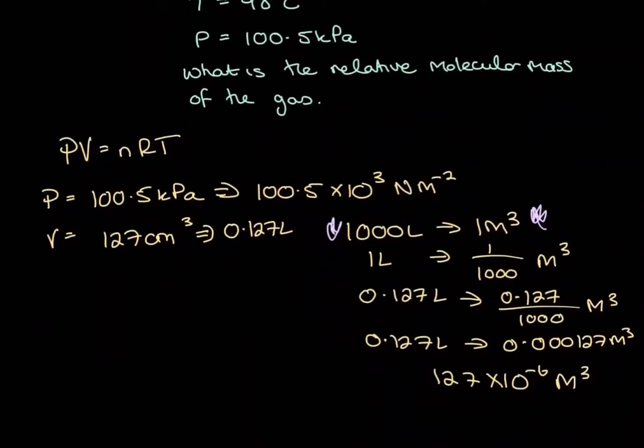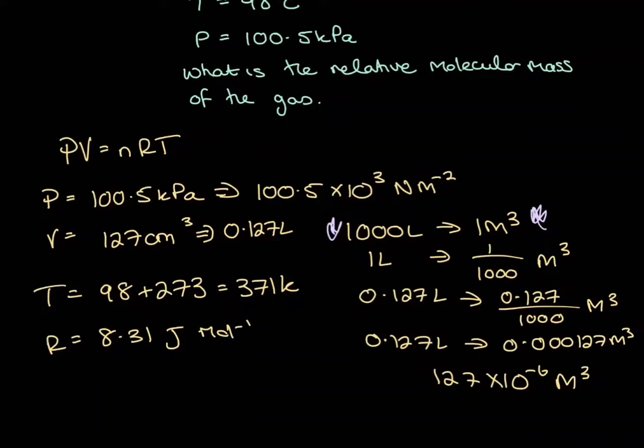We have the temperature, which is 98 degrees. We need to add the 273 to convert to Kelvin. We've got 371 Kelvin there. The R, the constant, is 8.31. And we just don't have n.